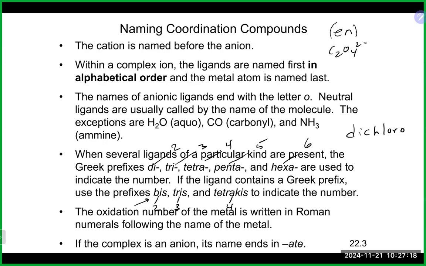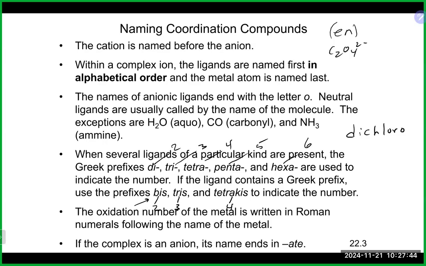Now, we do use Roman numerals with these for some things that we normally do not use Roman numerals for. For example, zinc, cadmium, and silver: we normally don't use Roman numerals when we name them because they have fixed positive charges. But here we actually do use Roman numerals for those. So we always use a Roman numeral when naming these, even if the metal has a fixed charge.